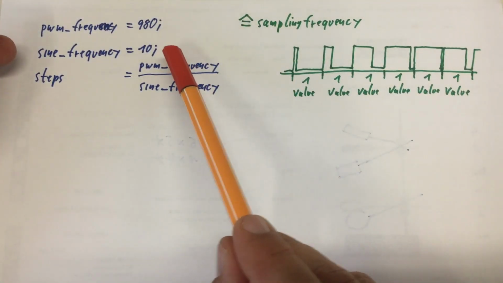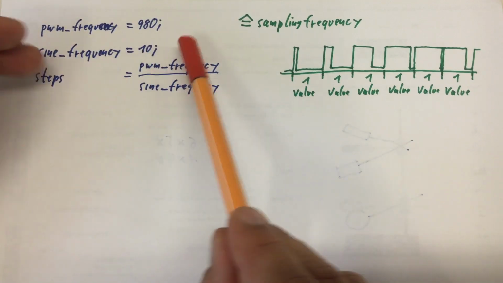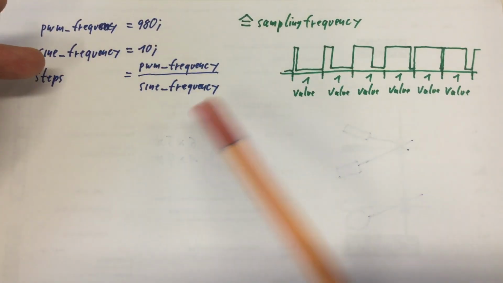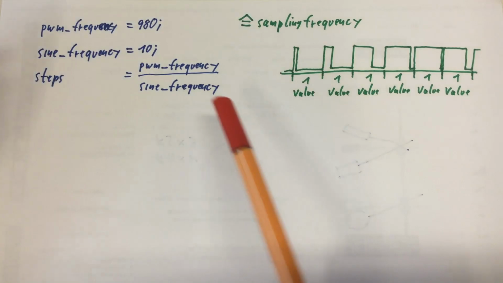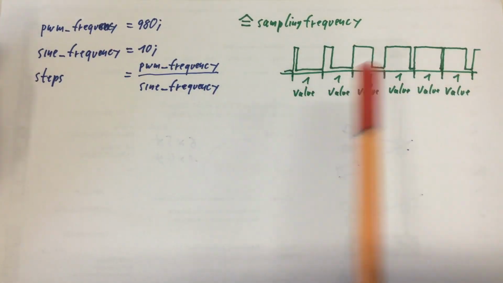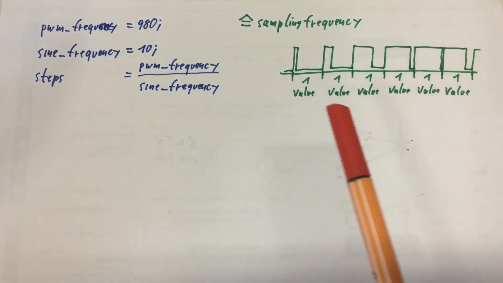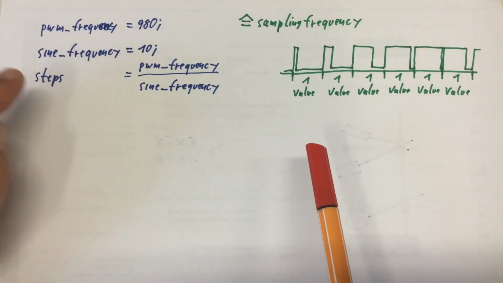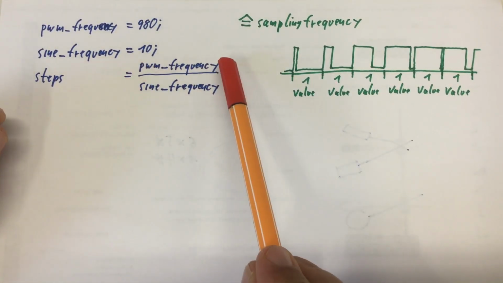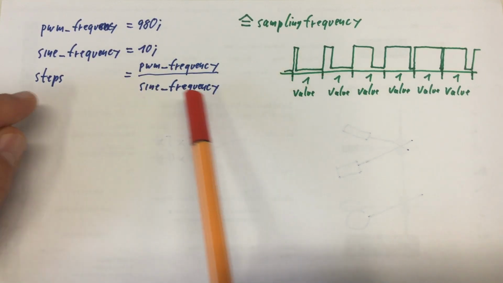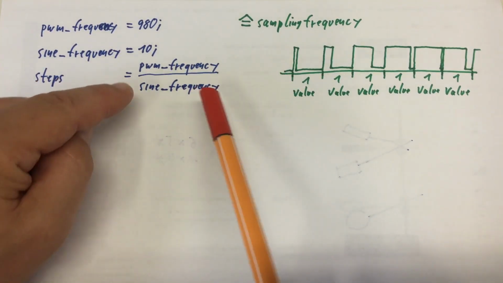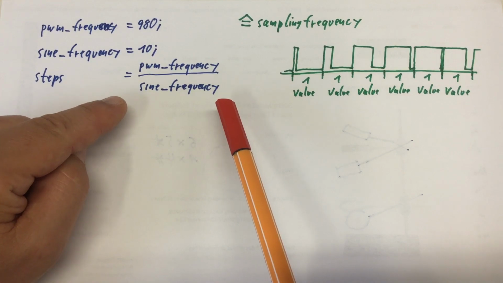So if you have an analog frequency or any analog signal, a periodic signal, you want to output on the PWM pin, it doesn't make sense to have any more samples than the PWM frequency divided by the frequency of your analog signal.